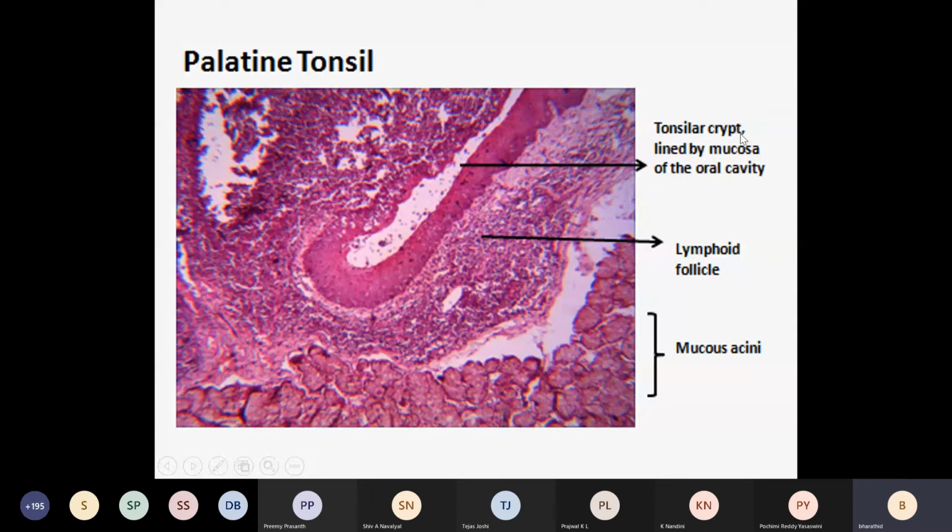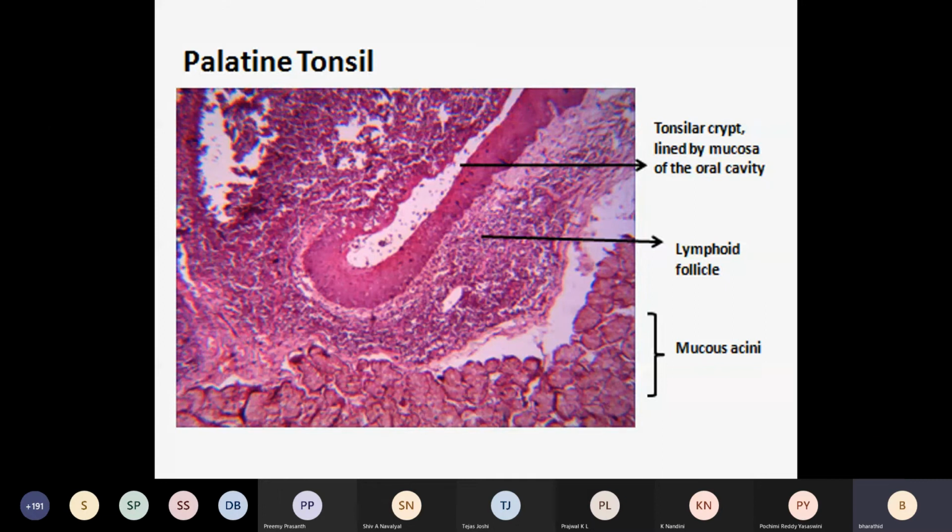Around 15 to 20 crypts are present, which mainly contain desquamated epithelial cells, lymphocytes and bacteria.